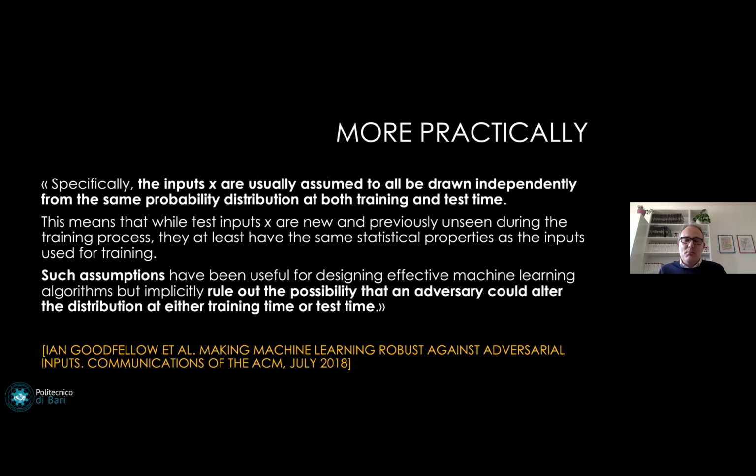So we understand that other elements should be put within the equation. But more practically, where does this problem come from? Well, in this paper published in 2018, we see that when we train our machine learning systems, the inputs X are usually assumed to be all drawn independently from the same probability distribution at both training and test time.